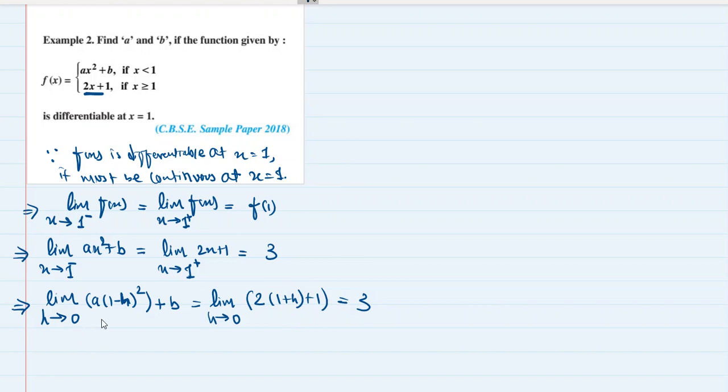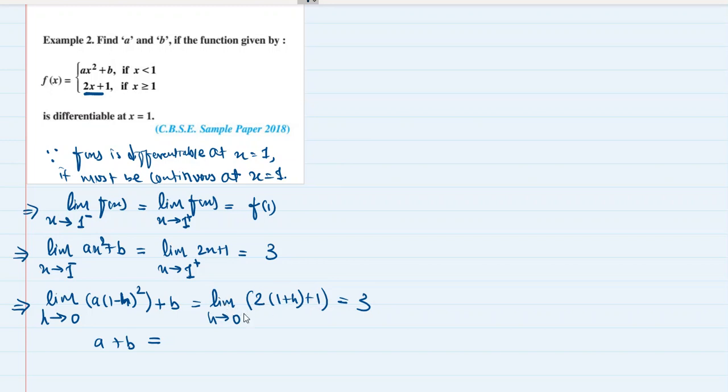Now since h is tending to 0, (1 − h)² will become (1 − 0)², that is 1², which is nothing but 1. So the limit of this particular part will become a + b, is equal to, here since h is tending to 0, 1 plus 0 is 1, and 2 ones are 2, plus 1 is 3.